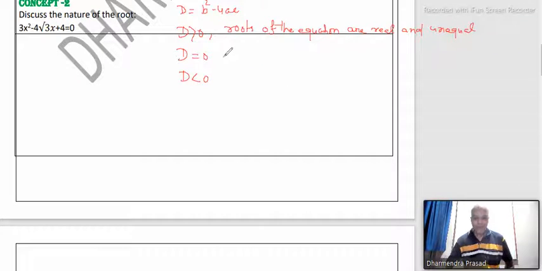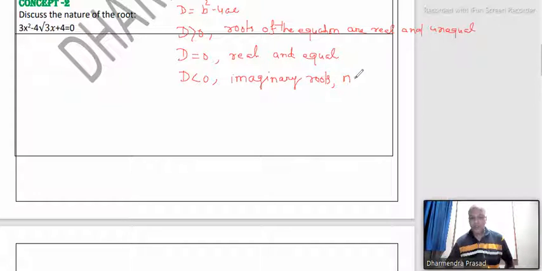If D is equal to 0, the roots are real and equal. If D is less than 0, the roots are imaginary, or we can say not real. These are the three conditions. On the basis of this we can discuss the nature of the roots.